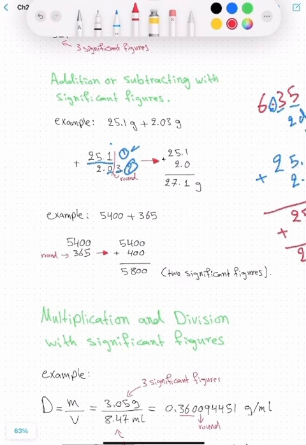Let's say we have this. Do we have decimals? No. When we do not have decimals, it's not a problem, right? But we have another problem. We have to be careful with the number of significant figures. Here we only have 2 significant figures. Here we have 3 significant figures.